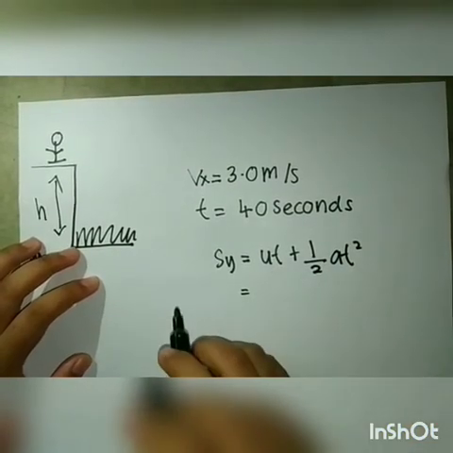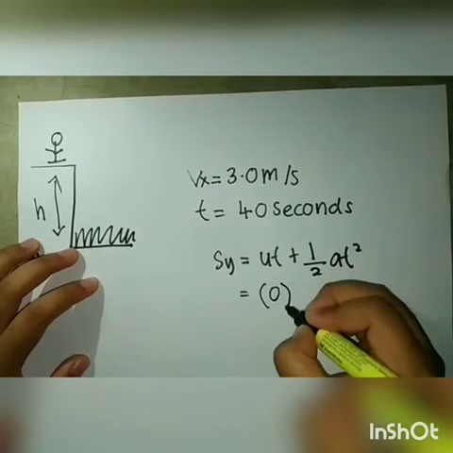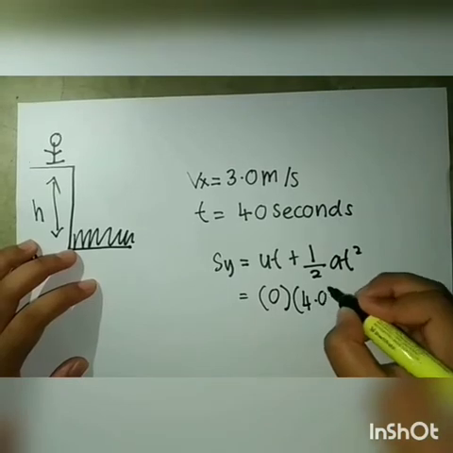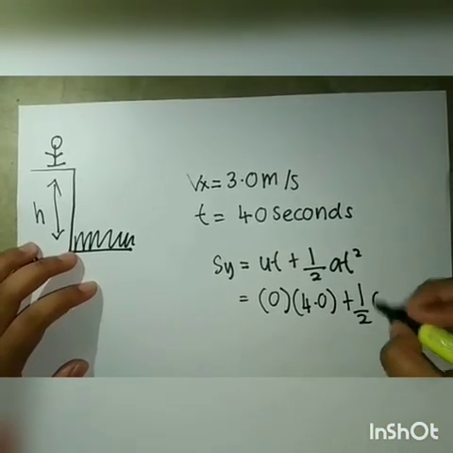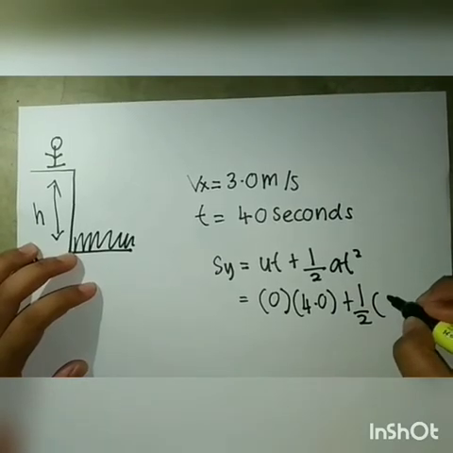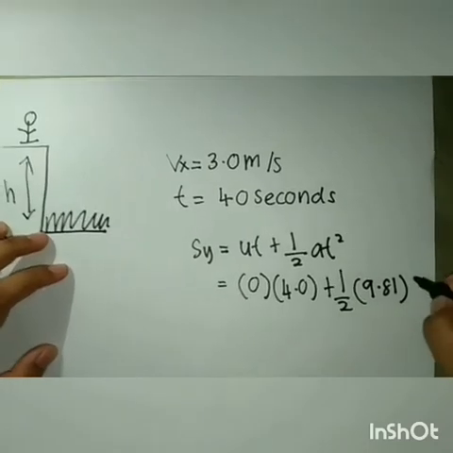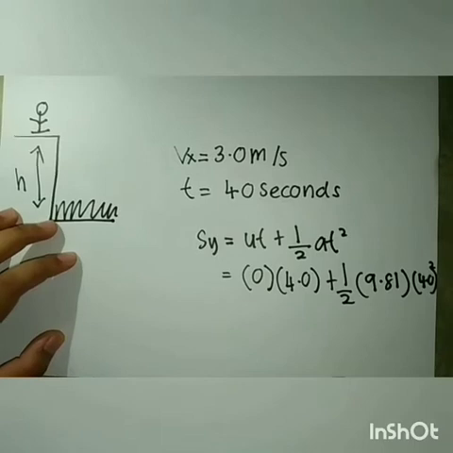The initial speed is 0 because it did not move. The time given is 4.0, plus 1/2, acceleration 9.81, and the time 4.0 square.